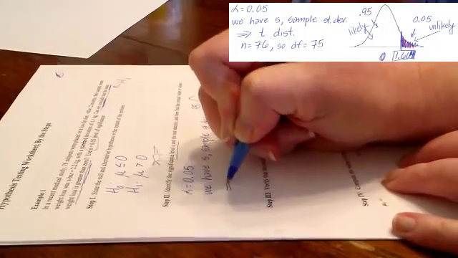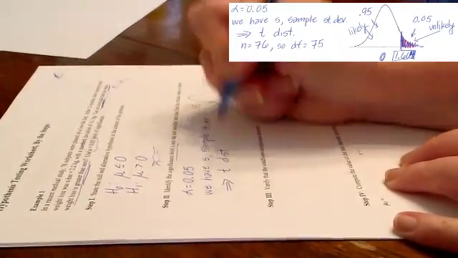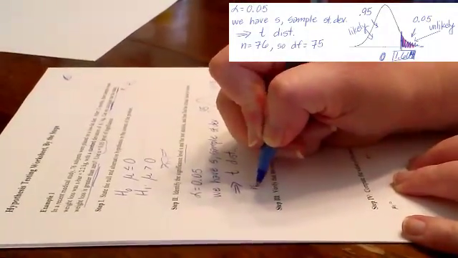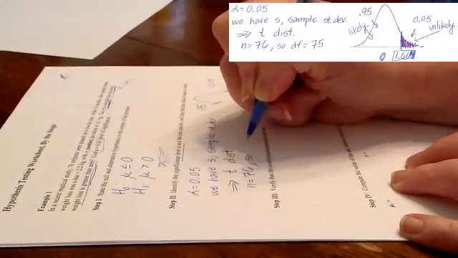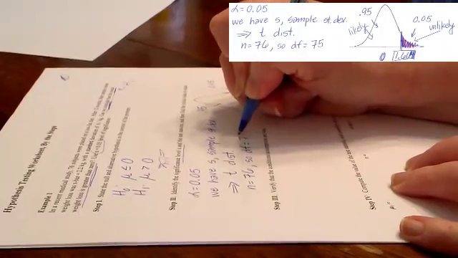So this is a T distribution. And we've got N equal to 76. So our degrees of freedom is N minus 1, which is 75.